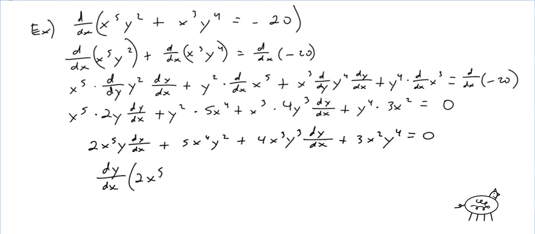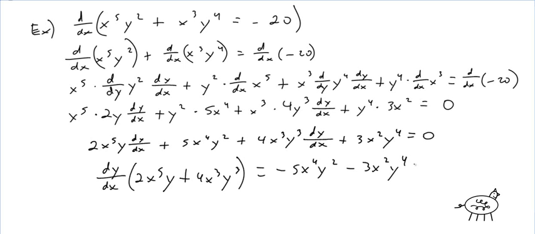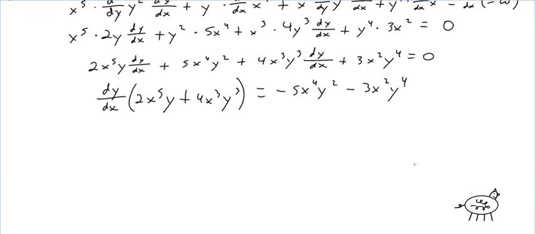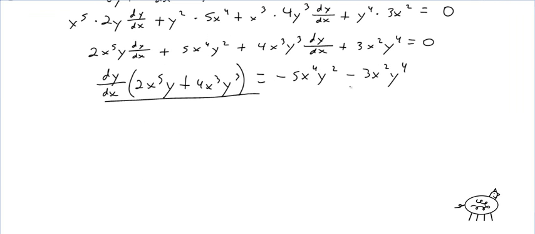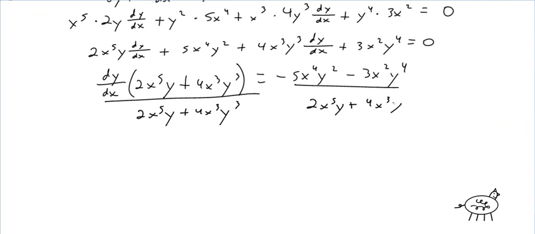So 2x to the fifth y plus 4x cubed y cubed, and the other terms are moving over, so it's negative 5x to the fourth y squared minus 3x squared y to the fourth. Let's keep going. Divide both sides by that 2x to the fifth y plus 4x cubed y cubed. And so I get dy dx.